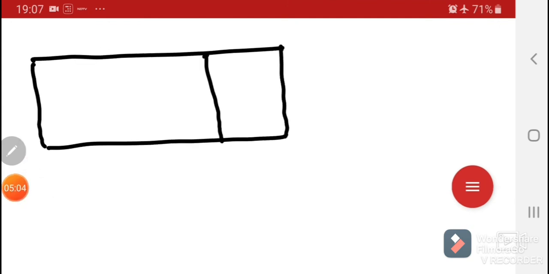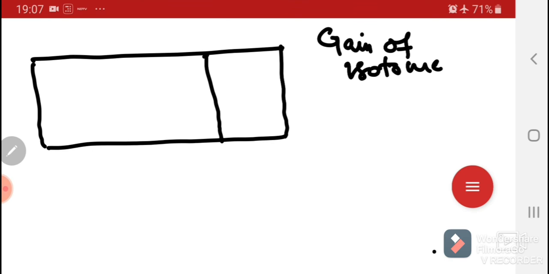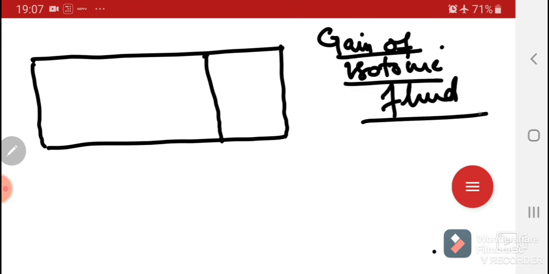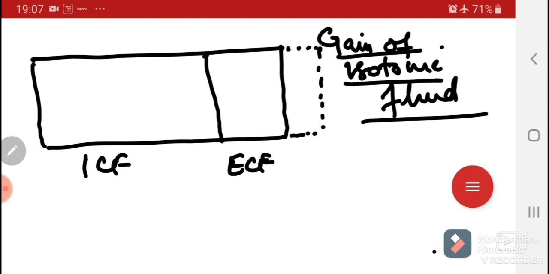The next scenario is actually very simple. It is gain of isotonic fluid. This simply means, this is ICF again, this is ECF again, and as I have said, there is gain of fluid and it is isotonic. That means there will be no change in the osmolarity of the ECF.